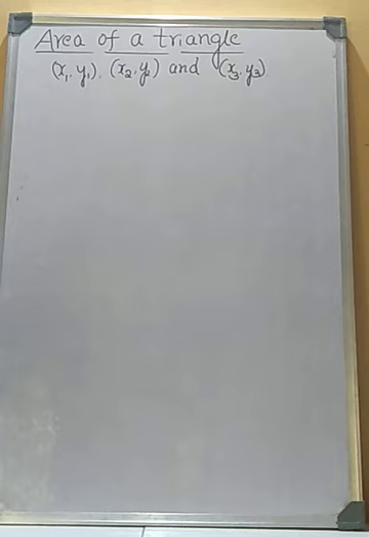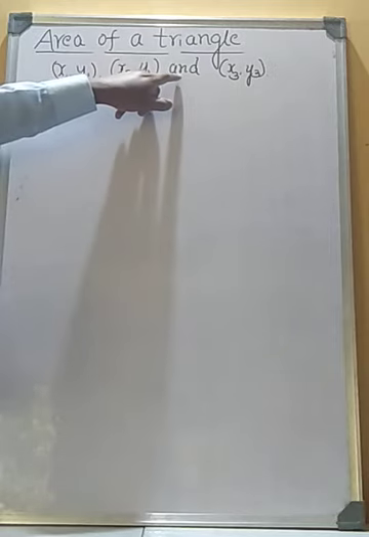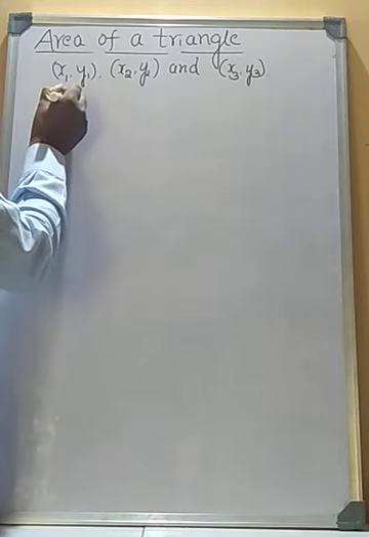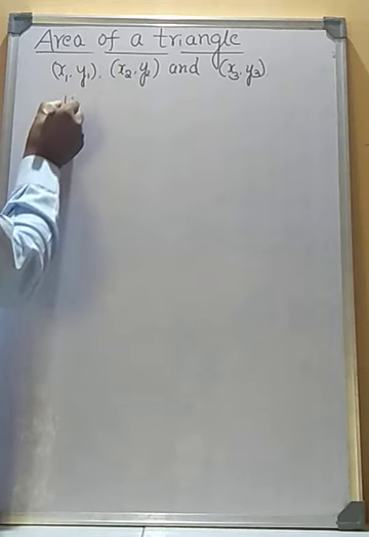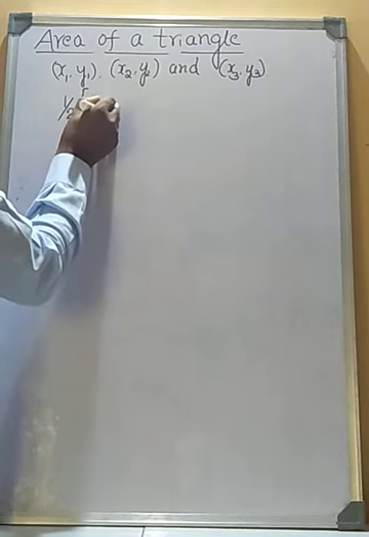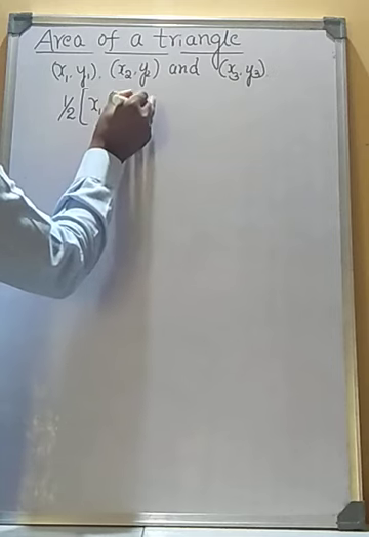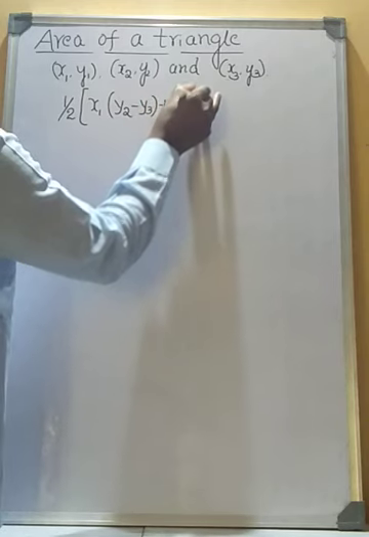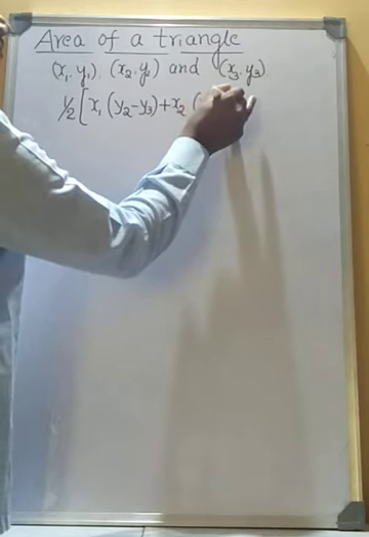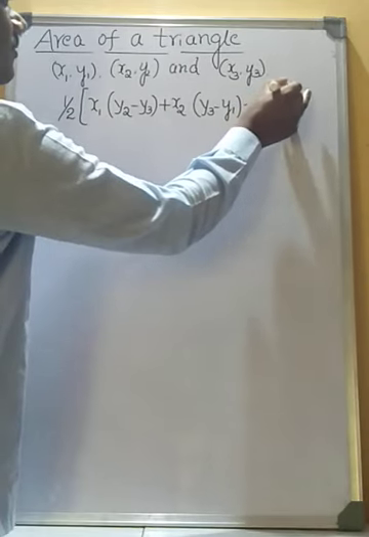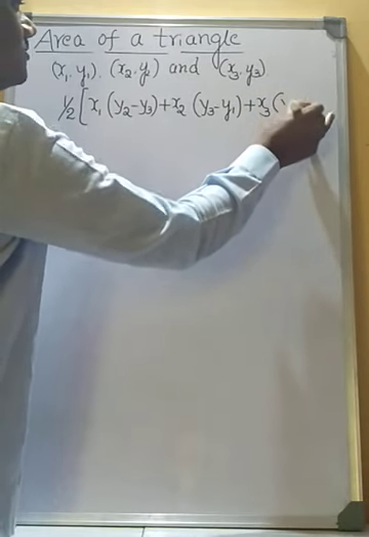The area of a triangle whose vertices are x1, y1, x2, y2 and x3, y3 is given by the expression 1 divided by 2 into x1 into y2 minus y3 plus x2 into y3 minus y1 plus x3 into y1 minus y2.